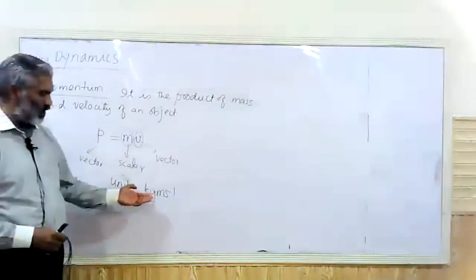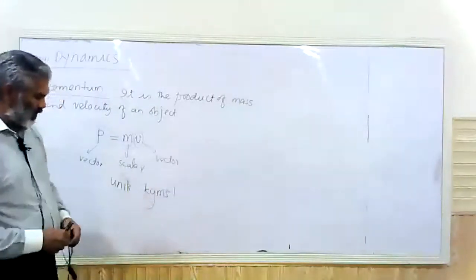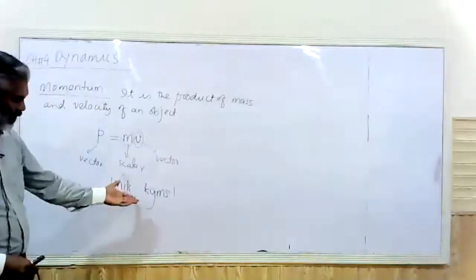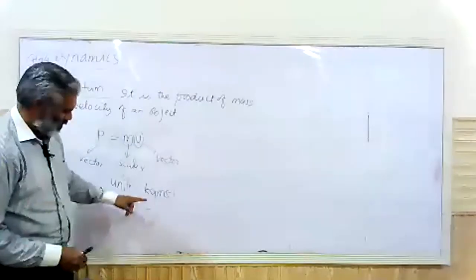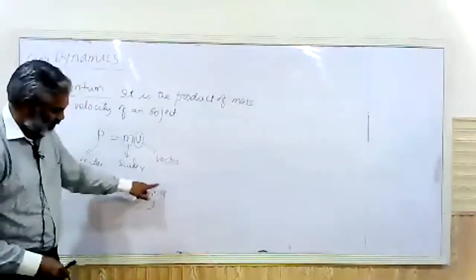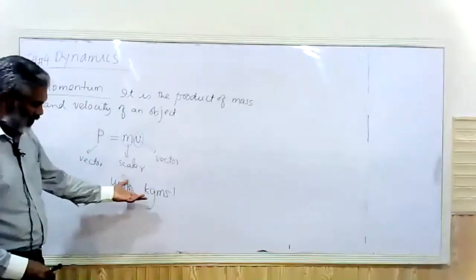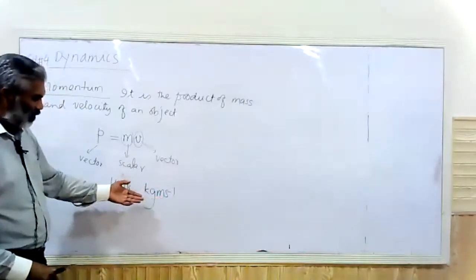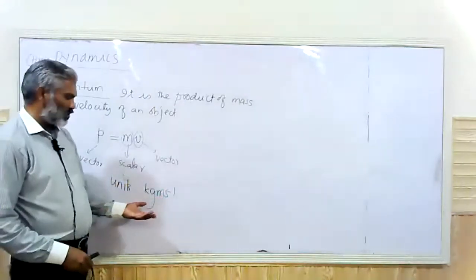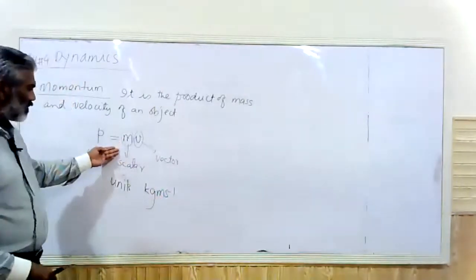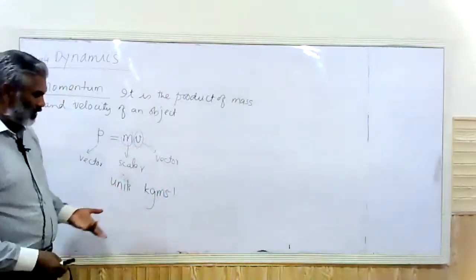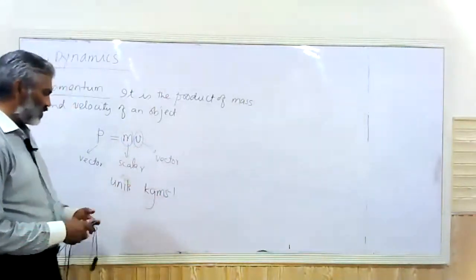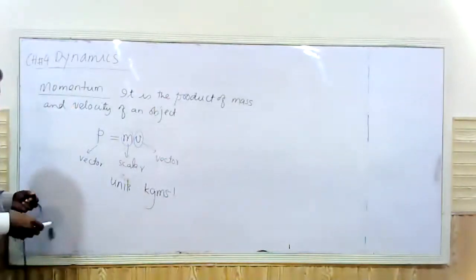Sometimes they give these units in the multiple choice questions and ask you what this quantity is. So with kilogram meter per second, you can readily identify this is mass and this is speed or velocity. Speed will have the same units, meter per second, but for momentum, there is no mass multiplied by speed, there is no such quantity in your syllabus, so it will always be mass multiplied by velocity. So kilogram meter per second are the units.